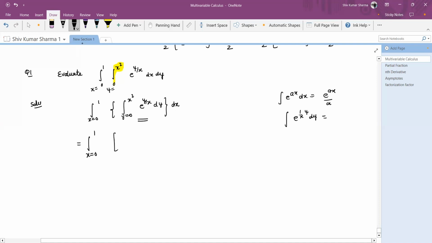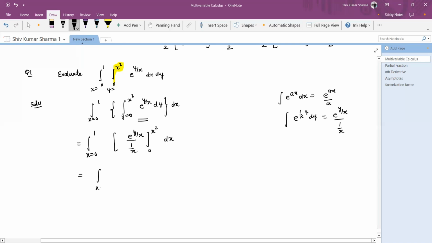So the integration with respect to y is e raised to the power y upon x upon 1 upon x, and we take the limit as 0 to x square, dx. Now this 1 upon x can be written as x.